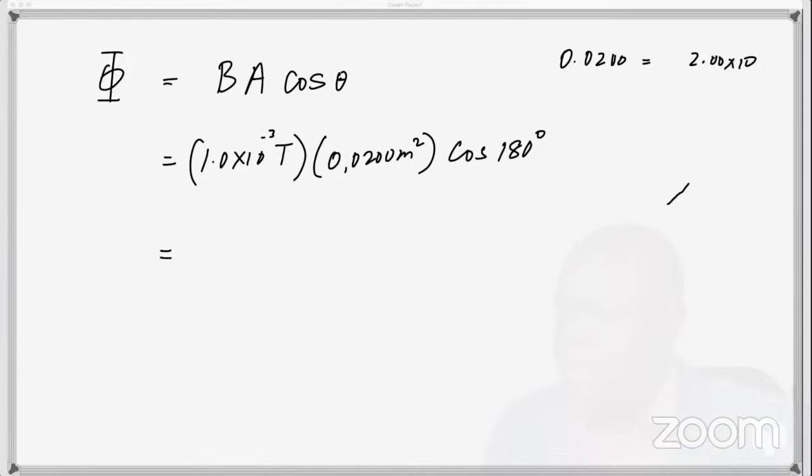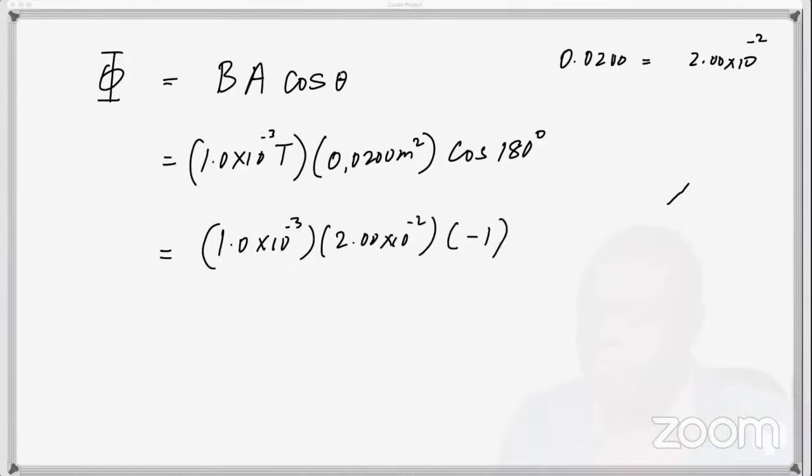Is it -1 or -2? -2. Okay. So if you do 1.0 times 10 to the -3, and then multiply by 2.00 times 10 to the -2, multiplied by -1, which is the cosine of 180, okay, so 1 times 2 is 2, right? 10 to the negative 3 times 10 to the negative 2 is what? Is it negative 4 or negative 5?